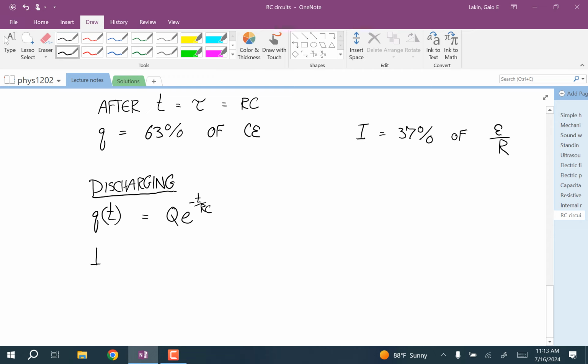And the current that's produced from this discharging capacitor is the starting charge divided by the time constant times e to the power of negative t over RC.